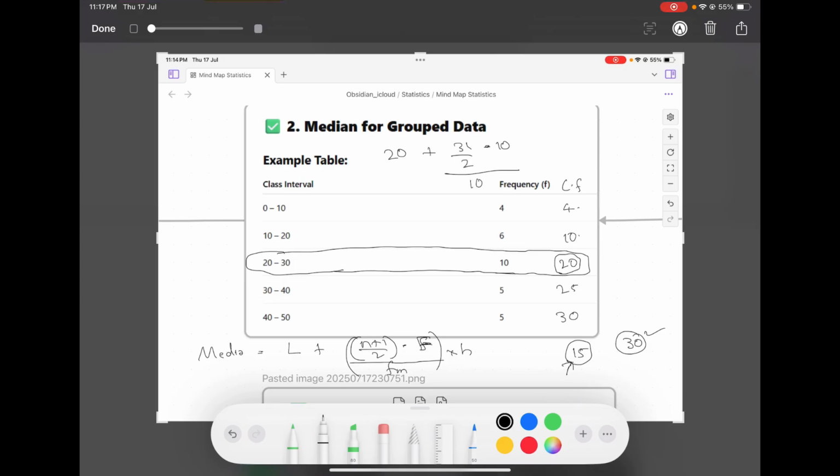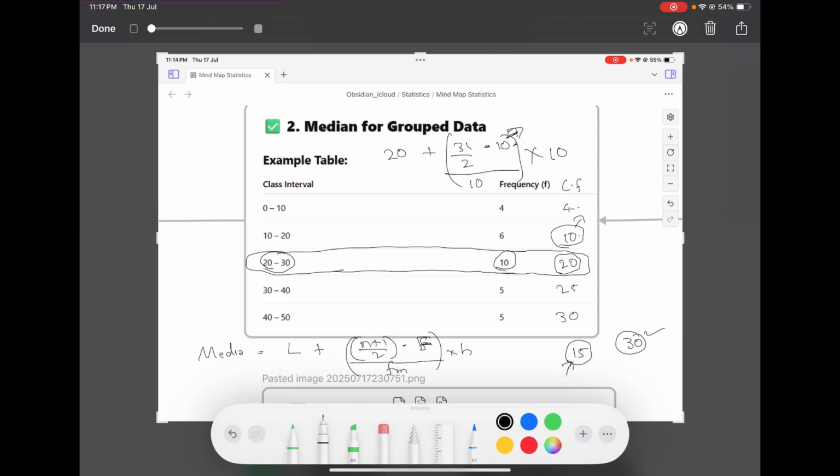This is the cumulative frequency just before our interval, so it is 10 here. This 10 corresponds to this frequency. The 10 in this numerator corresponds to the cumulative frequency just before our interval, into h, that is 30 minus 20, which is 10.